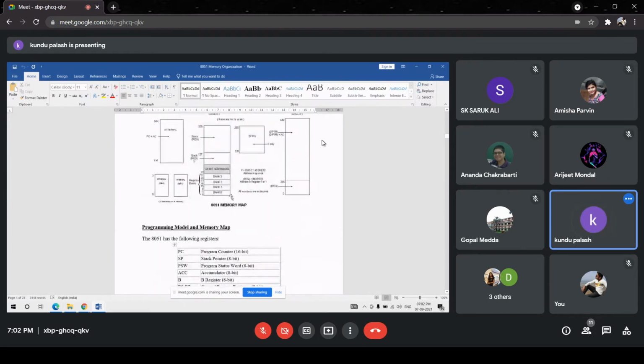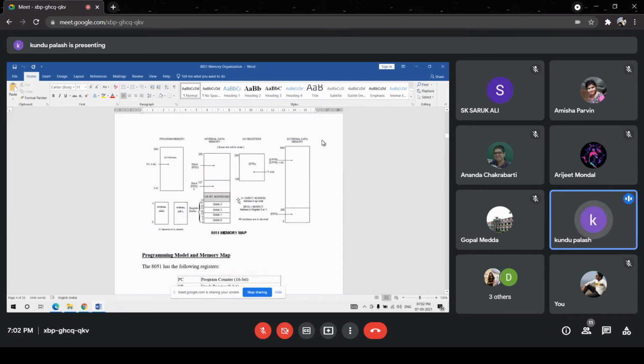These registers occupy a particular area of the data memory having fixed addresses. That means in the case of the 8051 architecture, the registers fall upon the data memory.